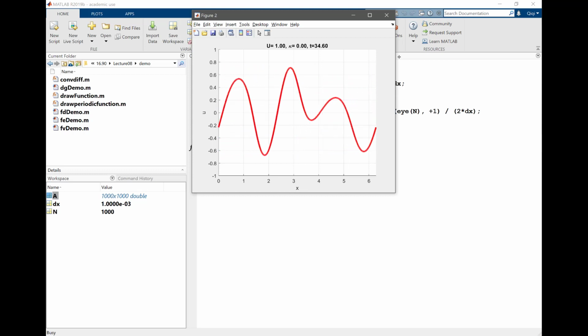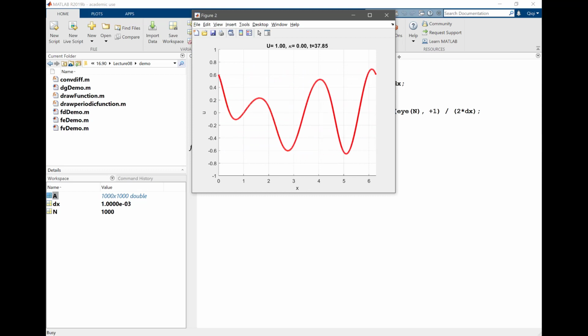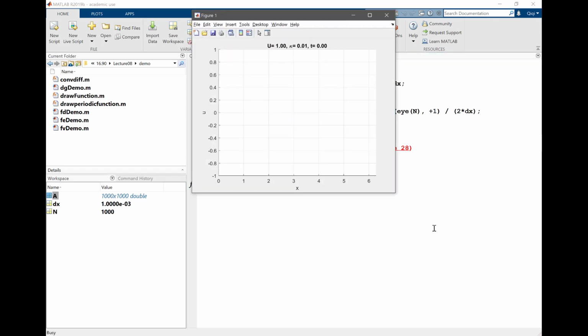All right. And now let's confirm this effect by looking at a slightly bigger kappa. So let's increase kappa by a factor of 10. Can you come and draw an initial condition?